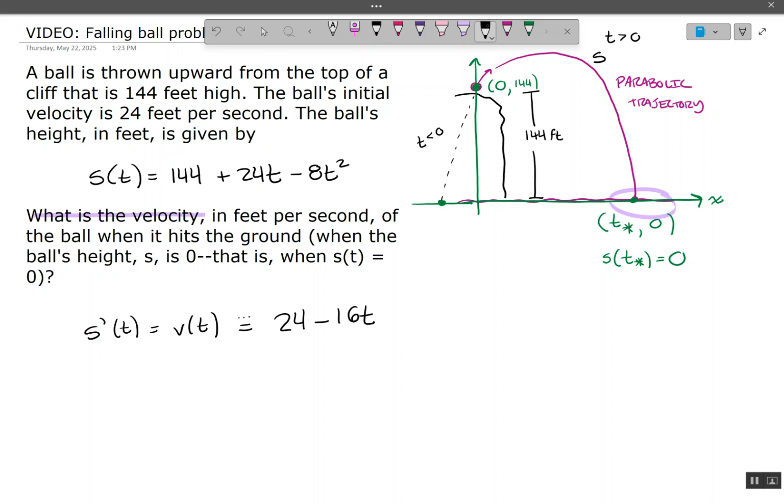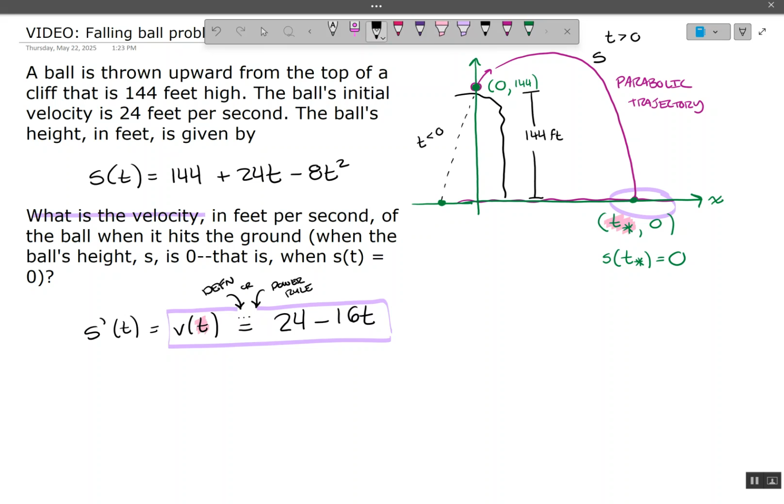Just skipping some steps there, because depending on when you watch this video, you will either use the definition or what we will call the power rule, which is coming up later. But however we get there, we're going to get to this expression, this function for velocity. So this is my velocity function. Awesome. Now all I have to do is figure out what this value is, and plug it in right here.